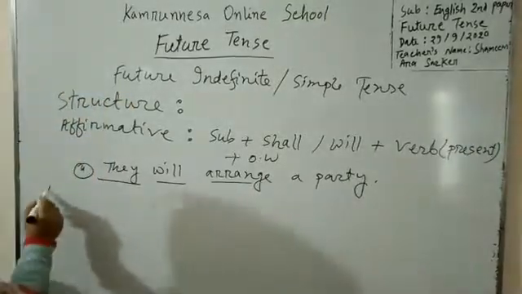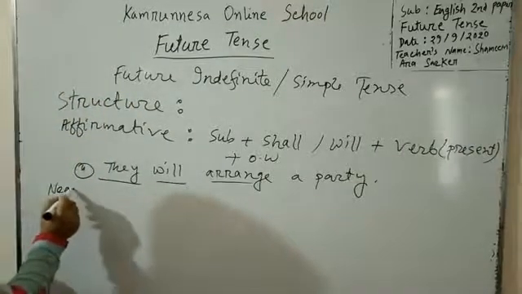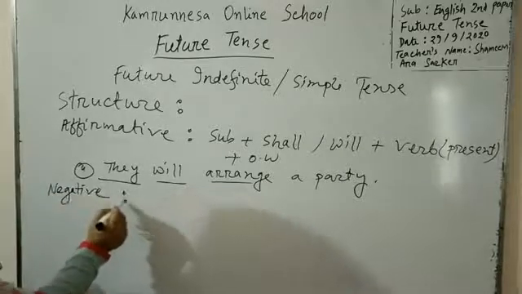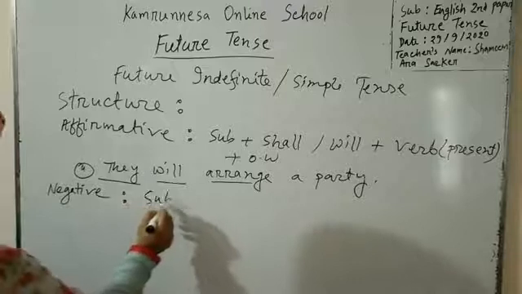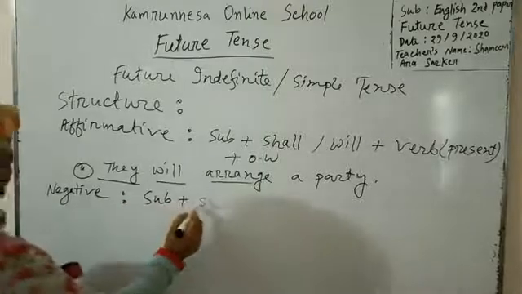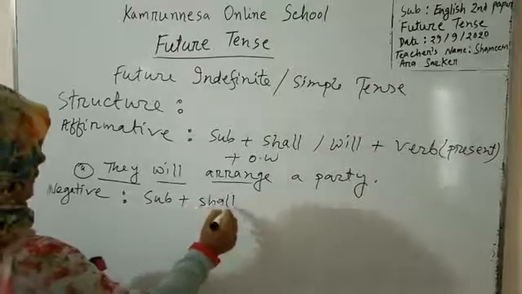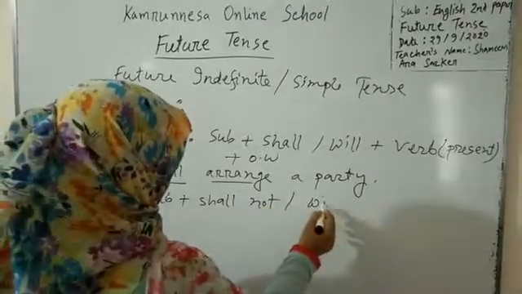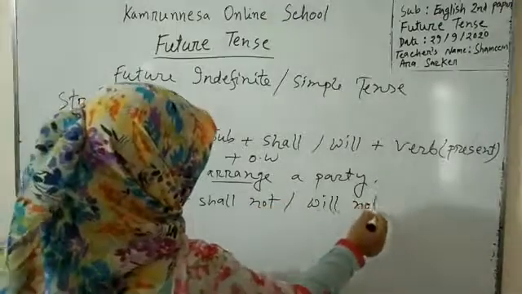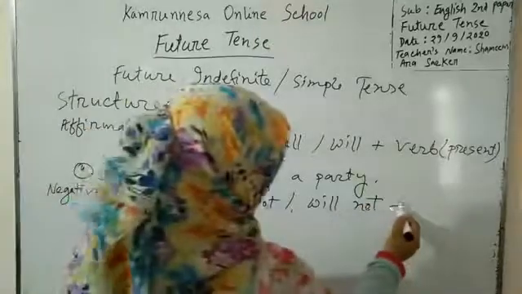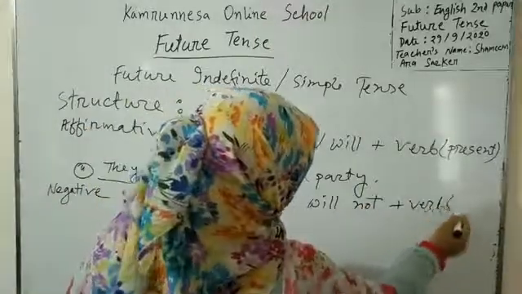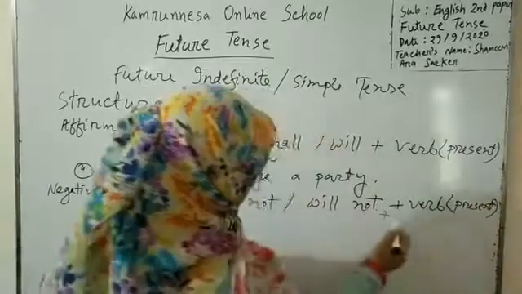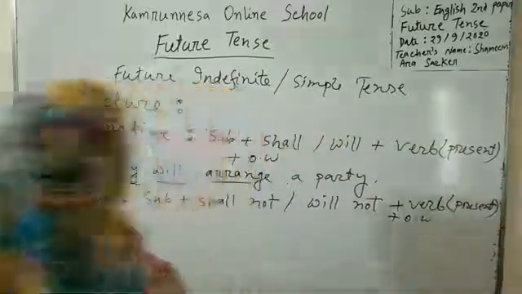Now come to the structure of negative sentence. Subject plus shall not or will not plus verb in present form, principal verb in present form and other word.